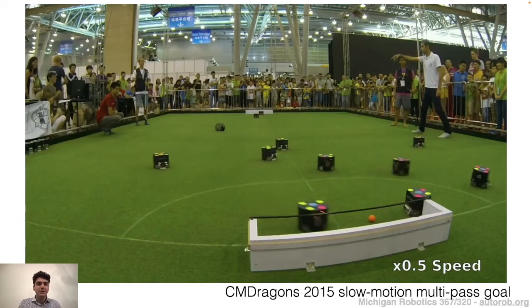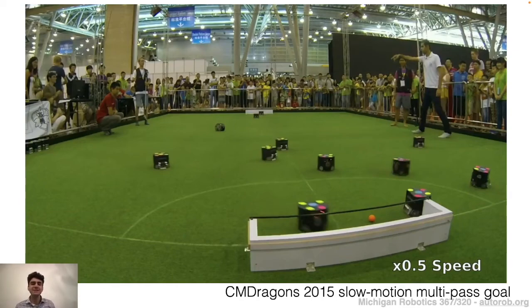In other words, these robots are moving faster in real life than they appear on screen. That's notable because in robotics research papers and demos, and I'm painting with a broad brush here, usually the videos are sped up because our robots typically operate much slower than a human observer is willing to sit and watch.